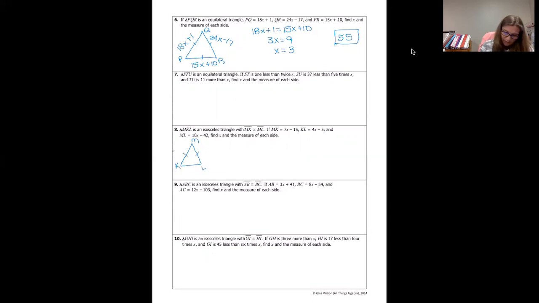So MK is 7x minus 15, KL is 4x minus 5, ML is 10x minus 42. So 7x minus 15 equals 10x minus 45. So 30 is 3x. And x is equal to 10.